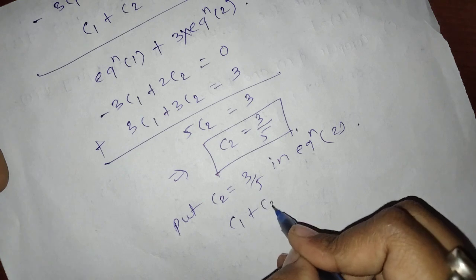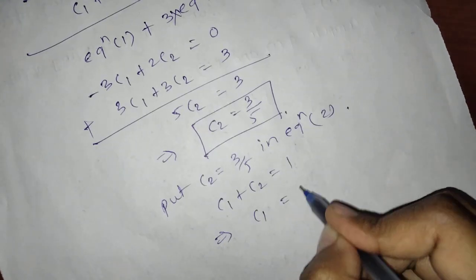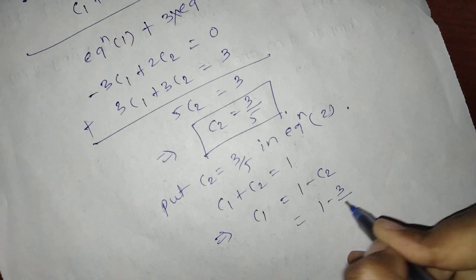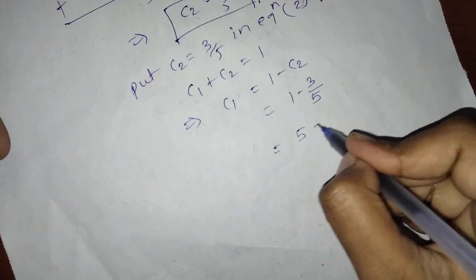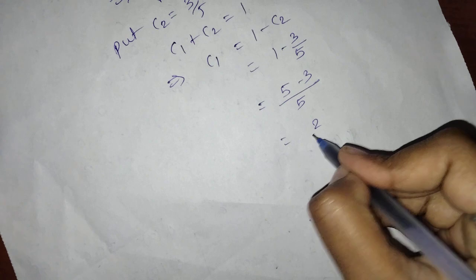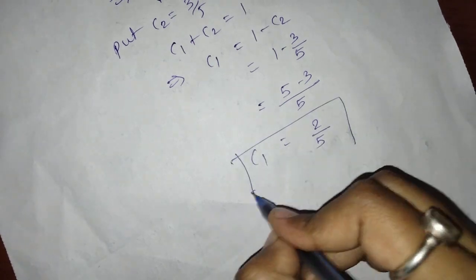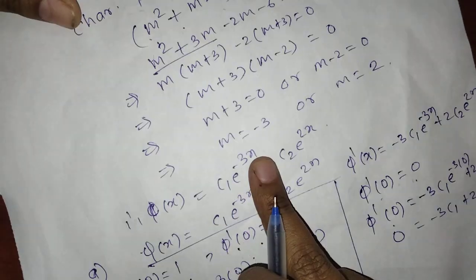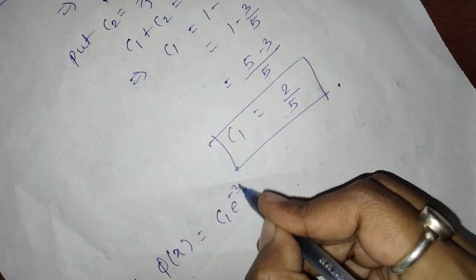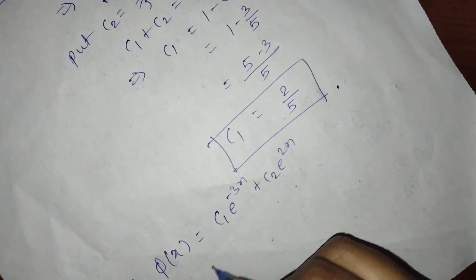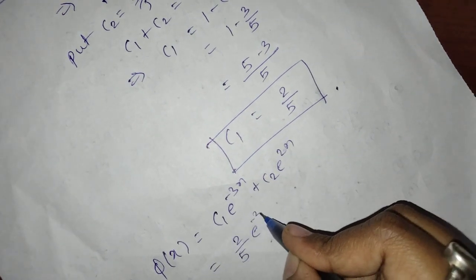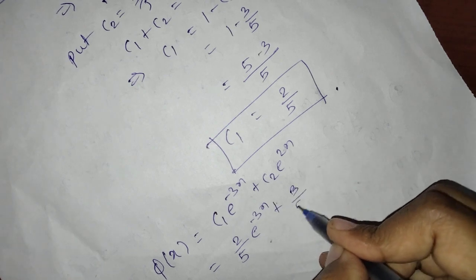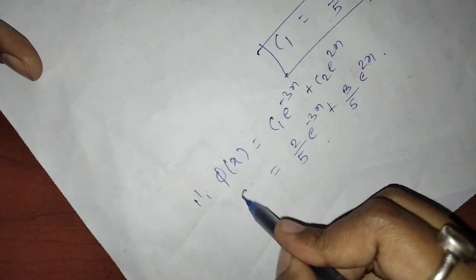You get c1 + c2 = 1, implies c1 = 1 - c2 = 1 - 3/5 = 2/5. So c1 = 2/5. So we have phi(x) = c1 e^(-3x) + c2 e^(2x), with c1 = 2/5 and c2 = 3/5, phi(x) = (2/5)e^(-3x) + (3/5)e^(2x).